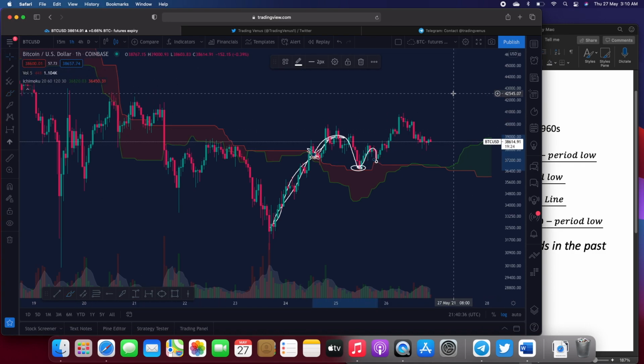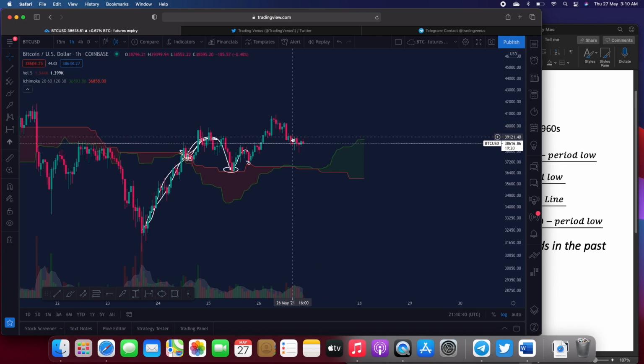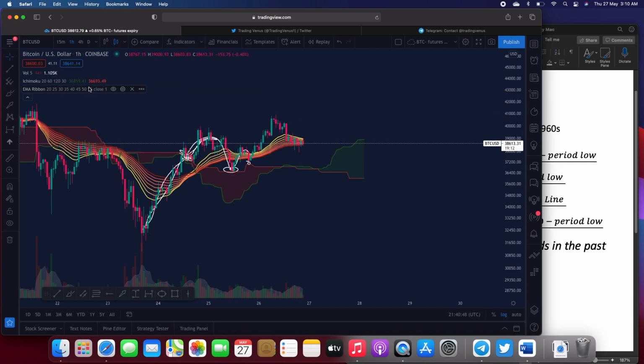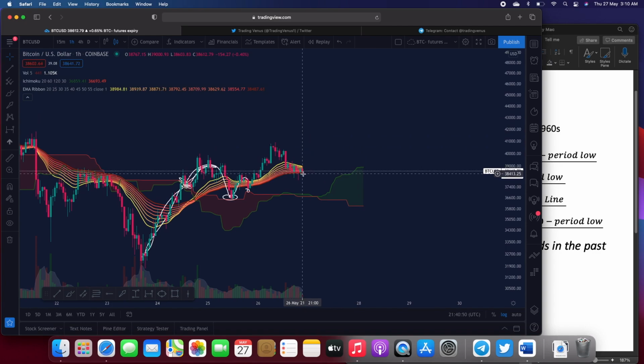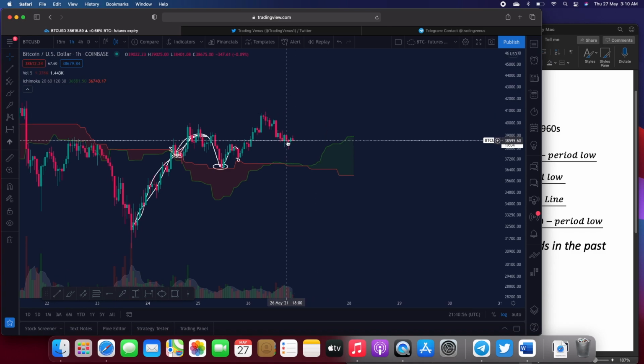And again, the importance of Ichimoku cloud is that it is an advancing indicator, unlike other indicators which do not provide such information. For example, if we use an EMA ribbon, that will only provide us information up to this point. But what Ichimoku cloud does is give us somewhat of a future prediction as well.